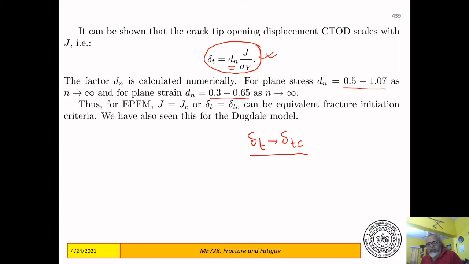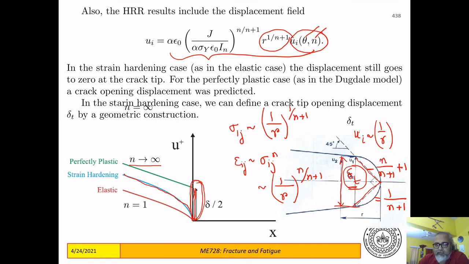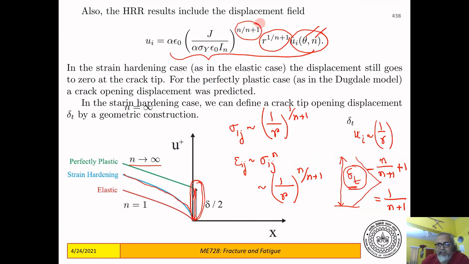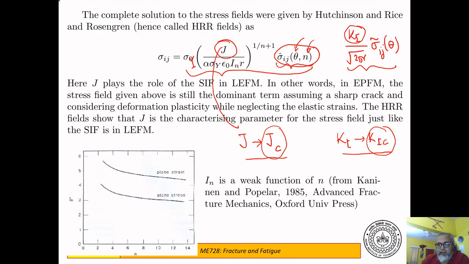Okay, so now what you can see is the nature of the solution is very different. It has a different power of R. However, in many ways, it is similar to the elastic solution.